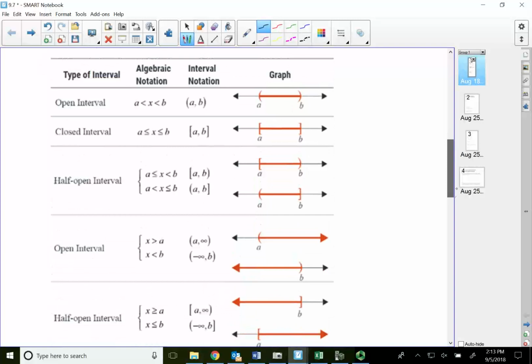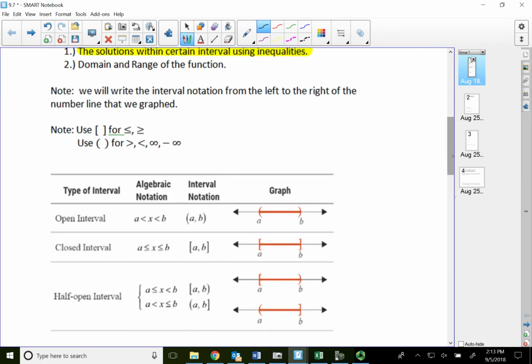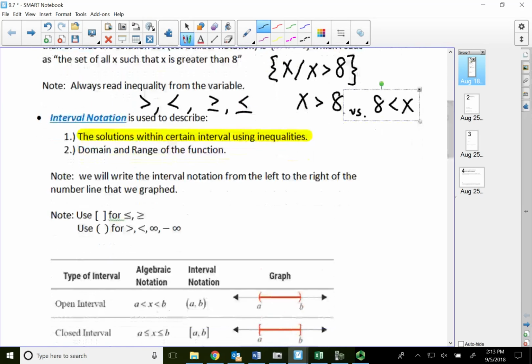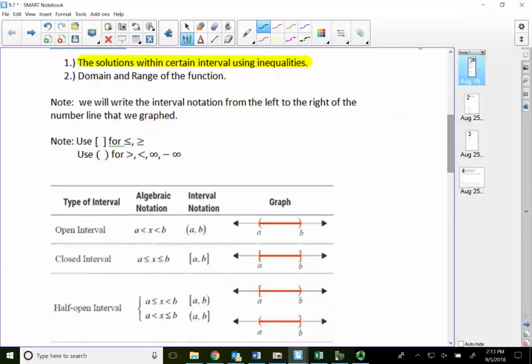Rather than explaining all this, I'm going to show you slowly how to read it, using my x greater than 8 for example, and I'm going to draw it on the number line. Let's say after I solve my equation, my answer says x greater than 8. On the number line, let's say 0 is here, 8 is here.